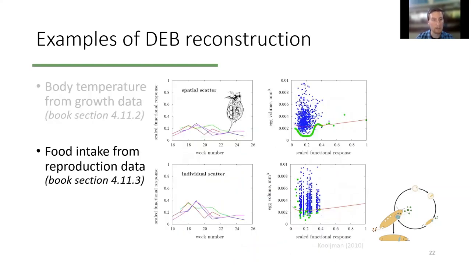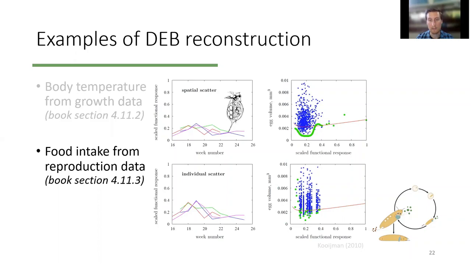Another example is the reconstruction of food intake from reproduction data. And we have here an example for Daphnia, the water flea, in which we use the reserve density of the eggs to try to recover the scaled functional response.